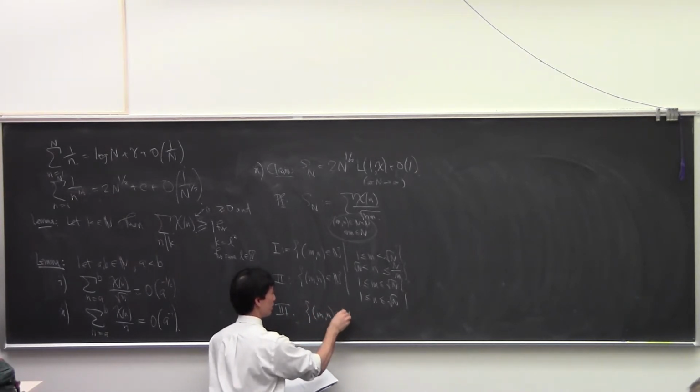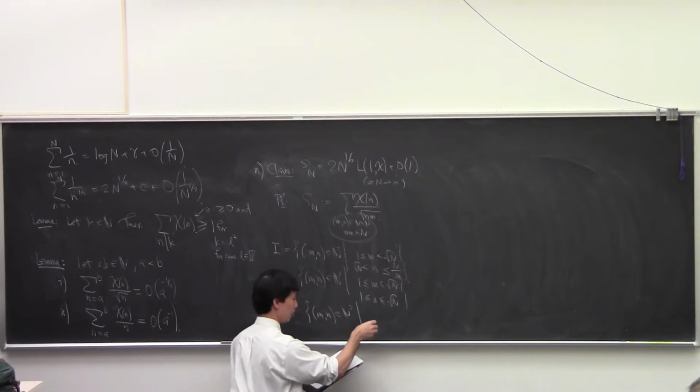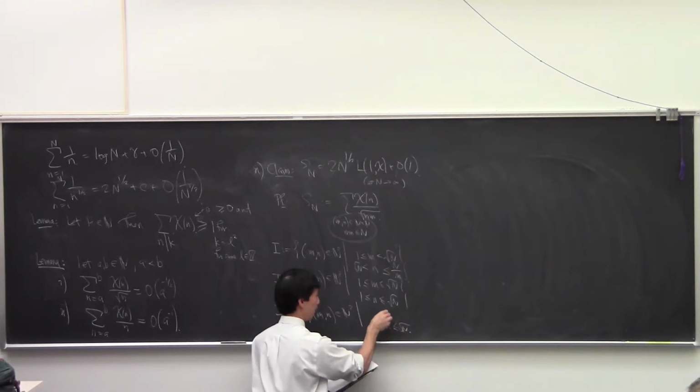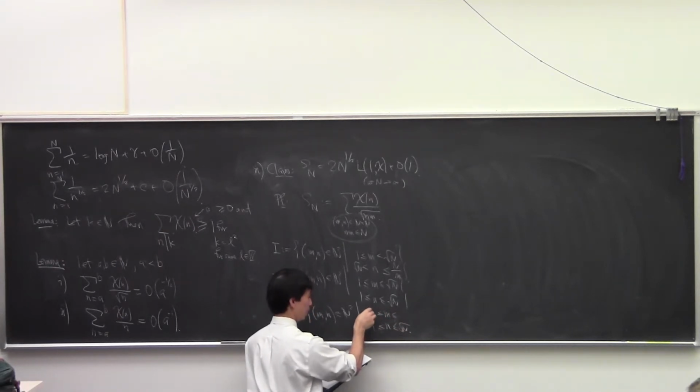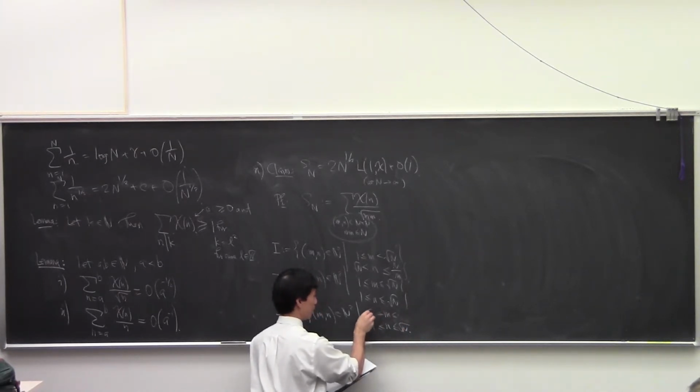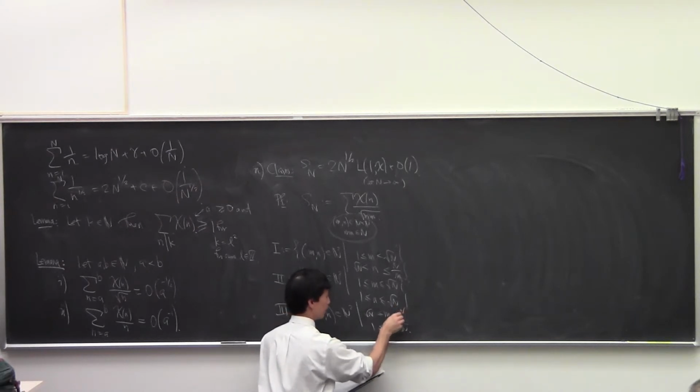The third region is such that n lies between 1 and root N, and m goes from root N to N over n.